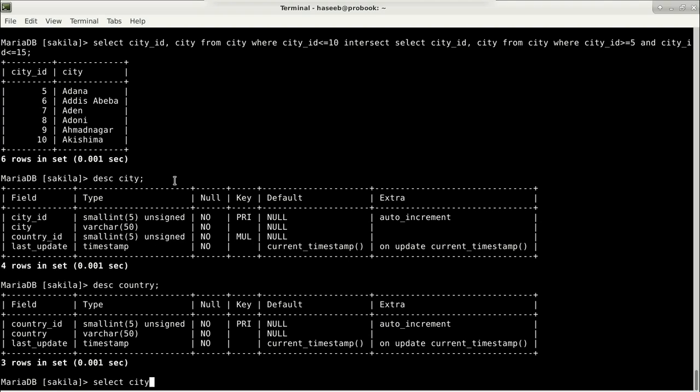Select city ID, city name, which is the field city itself, and then instead of writing here country ID, I will write another query here.